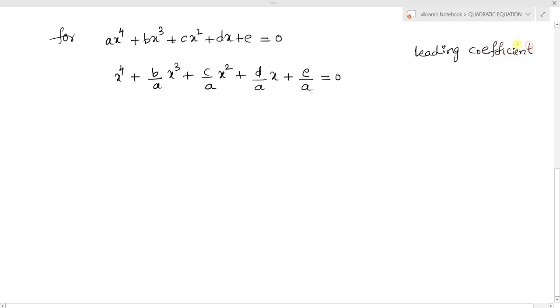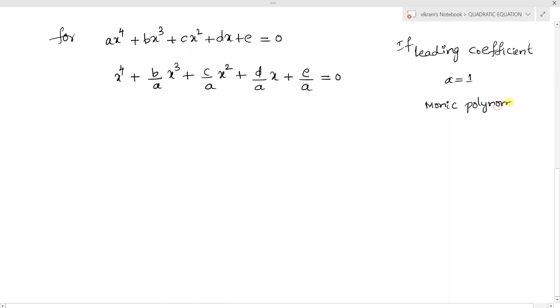The coefficient of the highest degree of the variable. Here x^4 is the highest degree, the variable x has highest degree 4 and its coefficient is a. If a equals 1, so the leading coefficient equals 1, then that polynomial is called a monic polynomial.